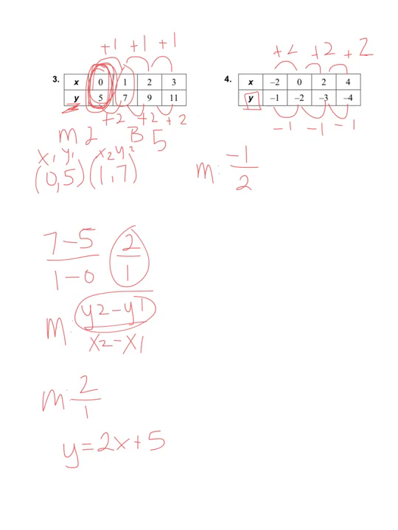So we have a slope of -1/2. Our b, our y-intercept, is where our x equals 0. And so that's going to be -2. So our equation is going to be y equals -1/2 x minus 2. If you wanted to, you could do the slope formula. It just tends to take a little bit more time, so we could just find it that way. That's how you do 3 and 4.